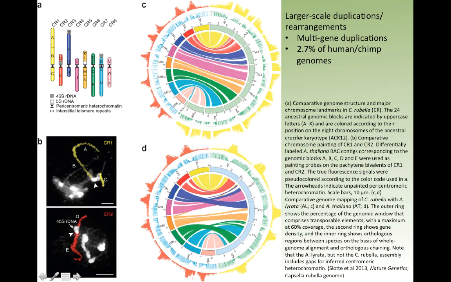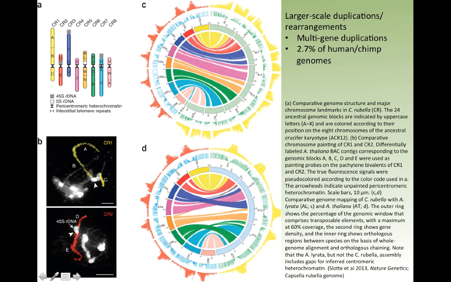What we then find is that if we compare the genomes of these two species, C. rubella and Arabidopsis lyrata look really similar to each other and show very similar patterns in the grouping of these ancestral chromosomes on the same chromosome.